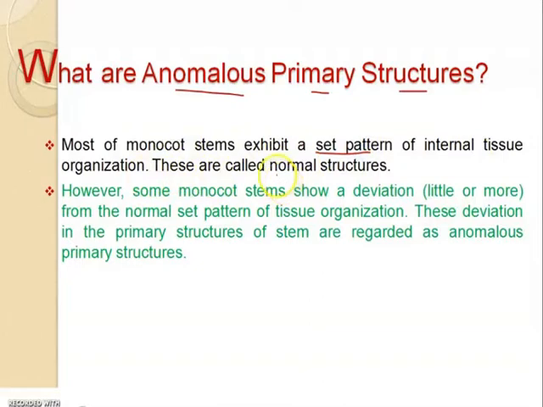These are called normal structures. However, some monocot stems show a deviation, either little or more, from the normal set pattern of tissue organization. These deviations in the primary structures of stem are regarded as anomalous primary structures.